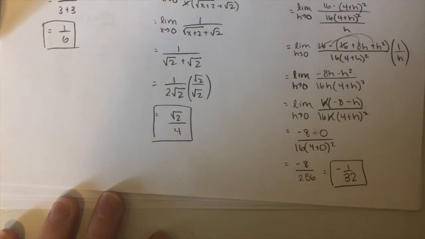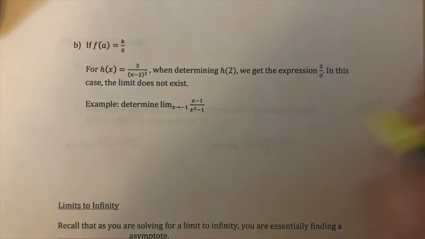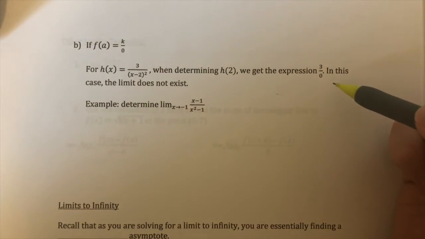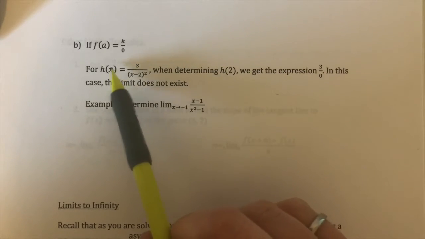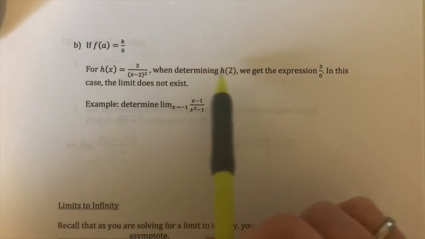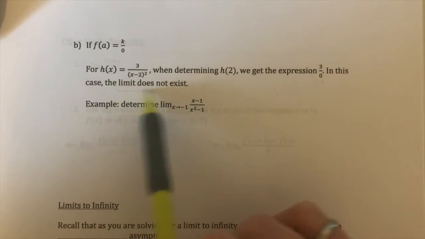Okay. So there are some cases where manipulating it can help you find that actual limit. The last one is if you had a number ending up over a 0, then you know the limit does not exist. So in this case, if we're determining the value of this function at 2, we get the expression 3 divided by 0. So we know that anything divided by 0 does not exist.